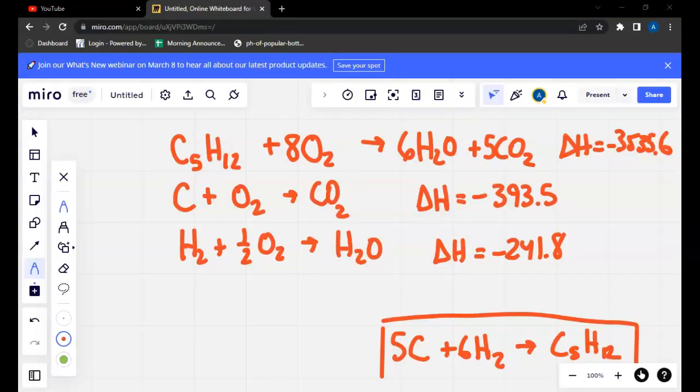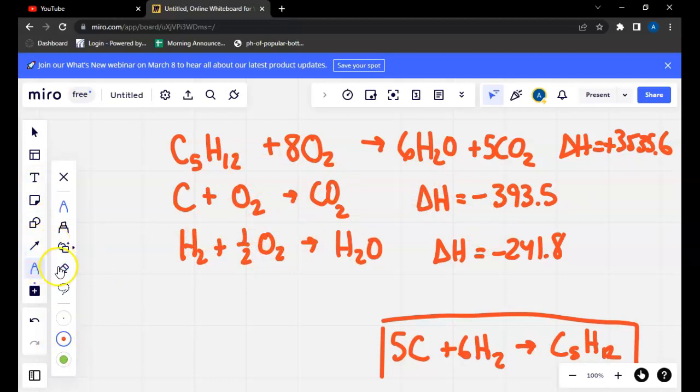So I've written out the three equations that we have values for, and then put in this box down here the equation we're interested in forming. So again, we're going to leave the bottom two as they are, but we're going to flip the top one so that we have a delta H of positive 35.6, and then the C5H12 is going to be on the right.